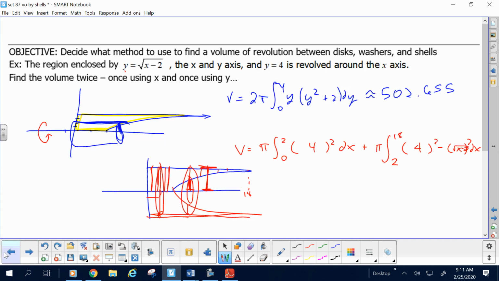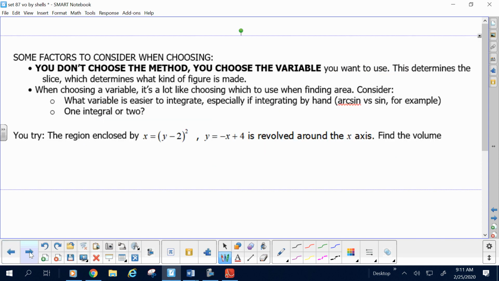Back here, I wasn't going to set out to use shells because it's shells lesson. Shells happen because y is better. X is 2 integrals, y is 1. Y is better. And that's why a slice of y resulted in shells. But again, it's not a choice of shells versus washers. It's what variable do you use? That's the choice. All right?